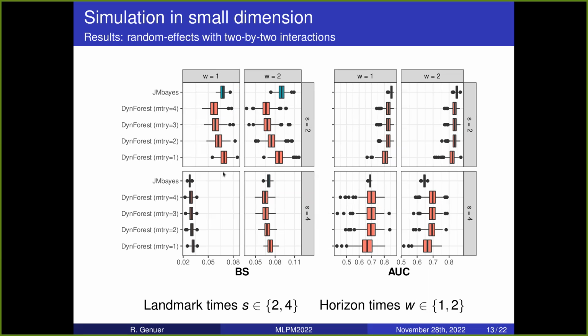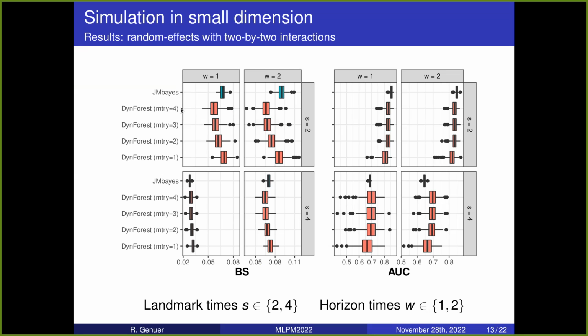So if you look on the left, what we can see is that the mtry parameter is quite important, even in this, let's say, simple case, because if you take mtry with too low a value, you have a relatively poor performance in terms of Brier score. And actually, in all those examples, the best choice is mtry equals 4.